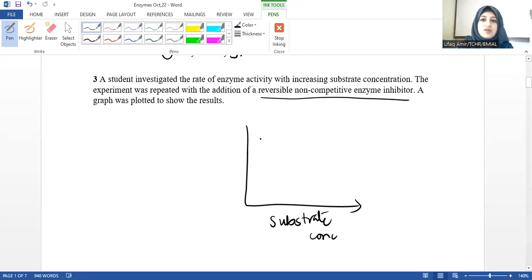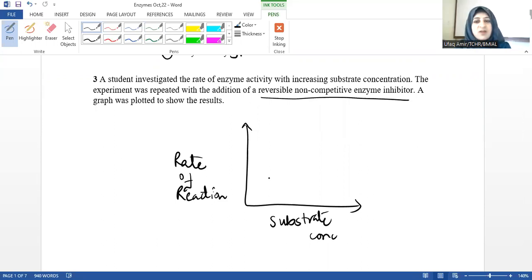Normally, when the substrate concentration increases, the rate of reaction increases. On the x-axis is the substrate concentration, and this is the rate of reaction. Independent variables are plotted on the x-axis, so substrate concentration is the independent variable. The rate of reaction is dependent on substrate concentration: the more the substrate concentration, the more the rate of the reaction.